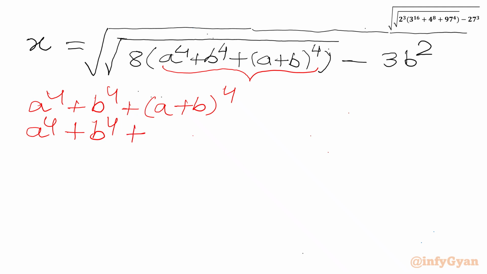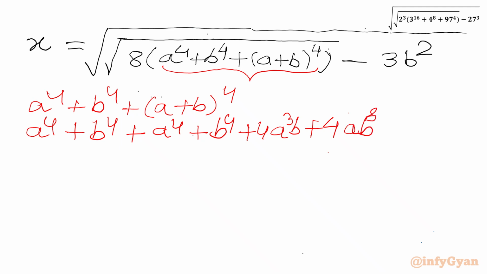We can use binomial expansion and we can write here a power 4 plus b power 4 plus 4a cube b plus 4ab cube plus 6a square b square. Now if I add, I will get 2a power 4, and b power 4, b power 4, so 2b power 4.